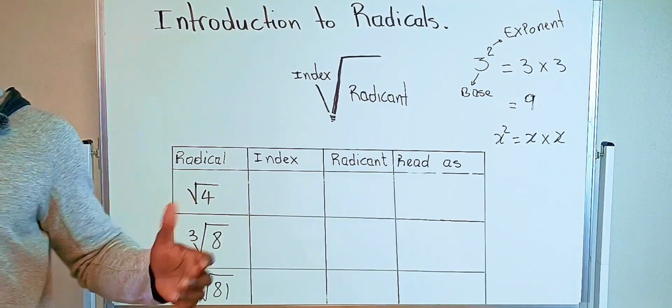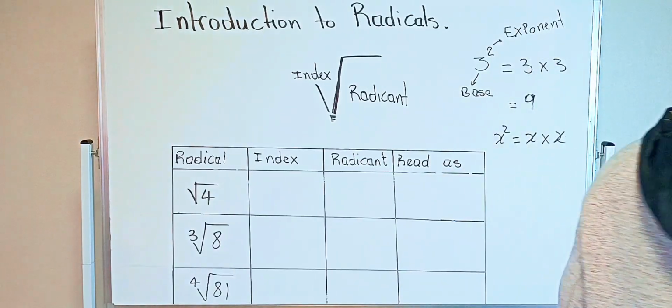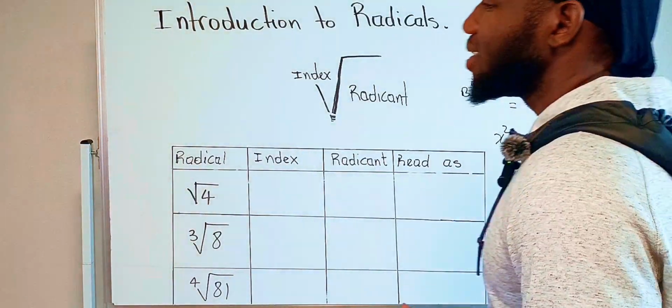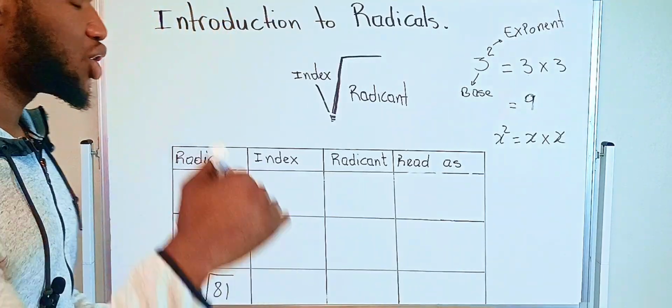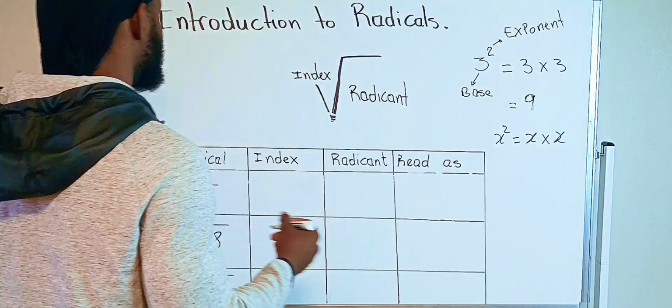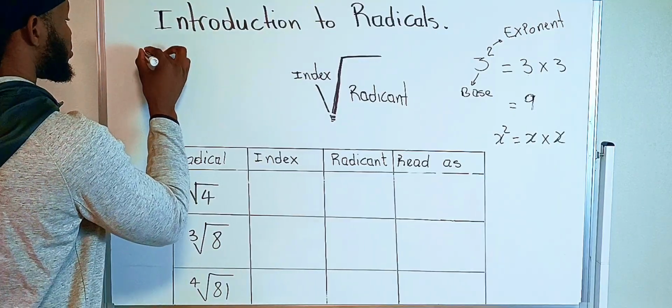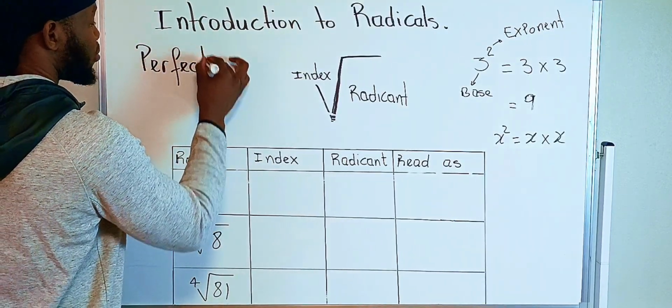Whenever we have a number or variable that is the product of two identical rational numbers, we call it a perfect square.